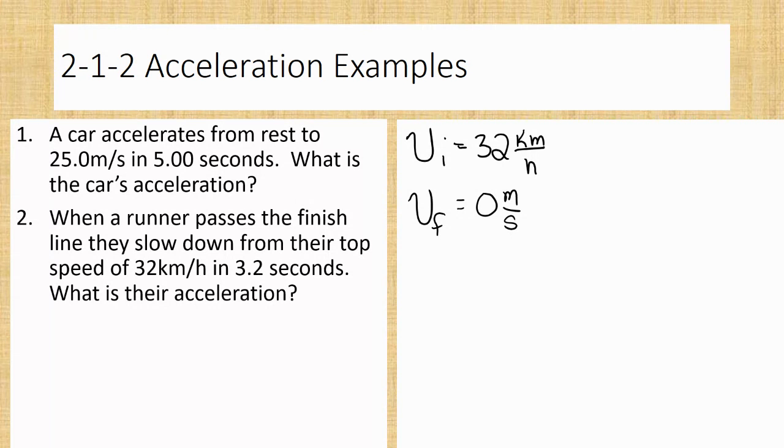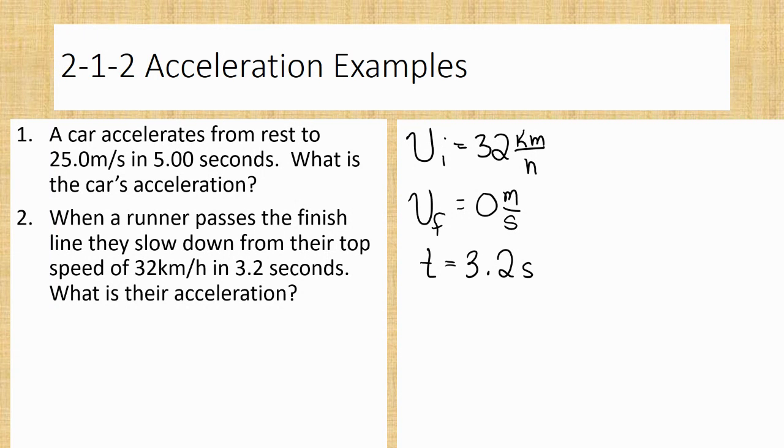Now, this is one where we have to kind of gauge it based on the question. The runner presumably is going to stop after they finish the race. So that's why we're making the final velocity 0. And the time in which this is occurring is 3.2 seconds.